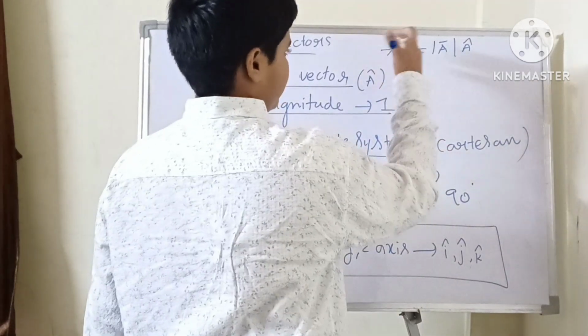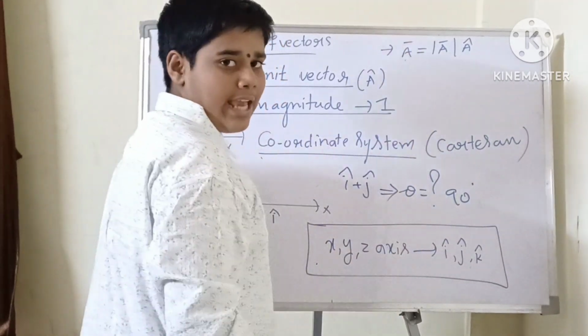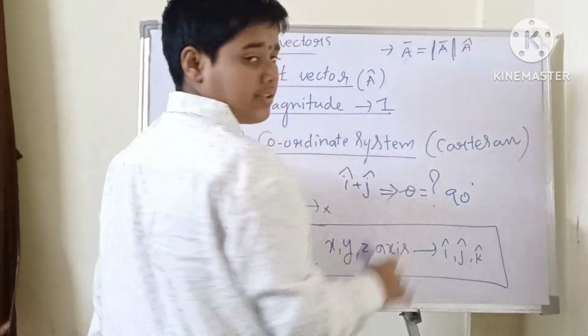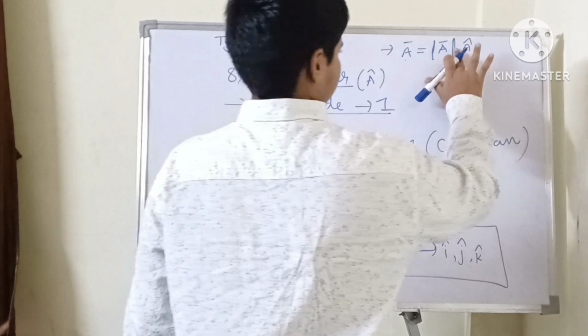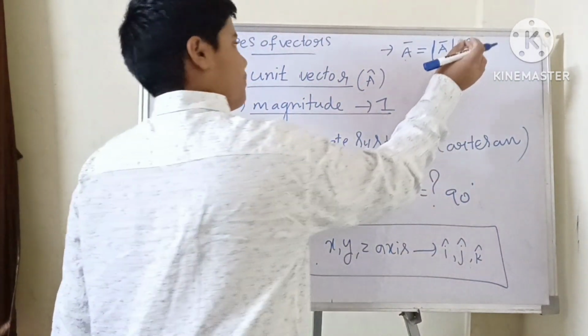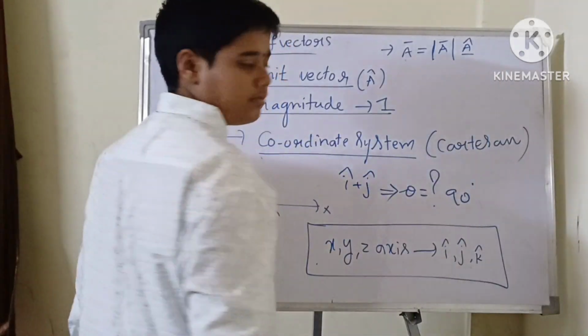How much magnitude is there in a bar? We have to take the mod, because it can be negative or positive, and then multiply by the unit vector.